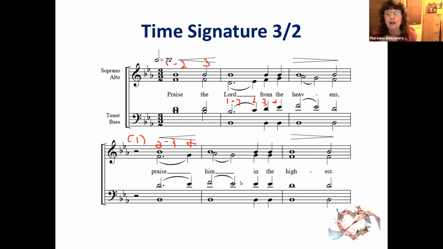And that, Catherine, goes back to what you were asking before, right? What is getting the beat? In this case, the half note is getting the beat. The 2 is equivalent to the half note. So if Marina were directing this, she would be directing it in 3. So it would be 1, 2, 3.